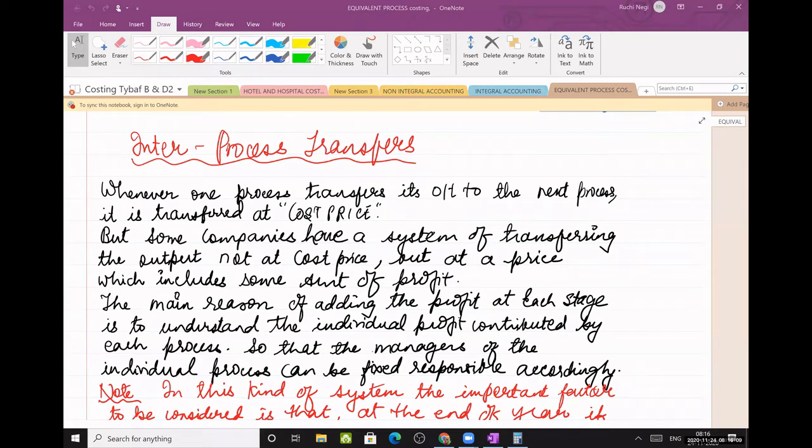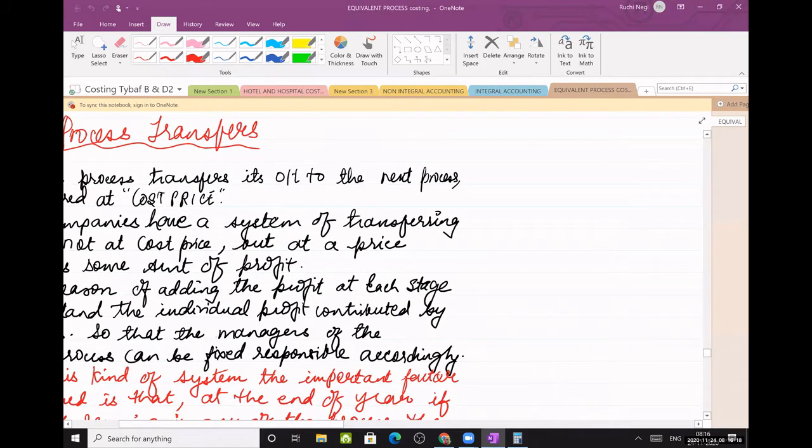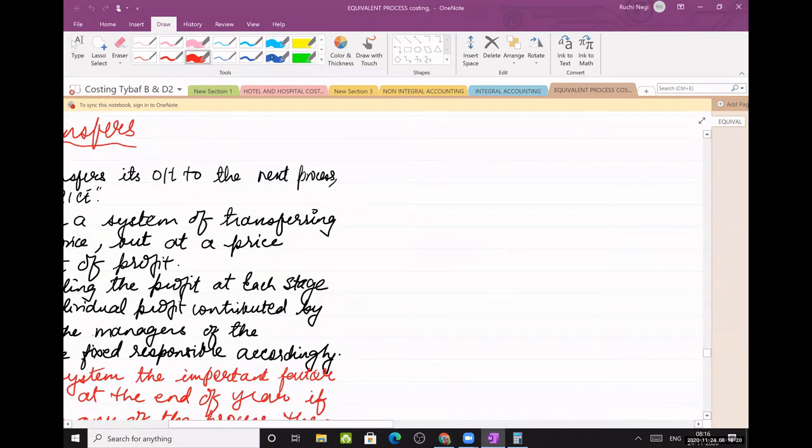Sometimes what happens, students, is, for example, if there is a product, I'll give an example. Say you are manufacturing finished goods, and it goes through three processes: process 1, process 2, process 3.